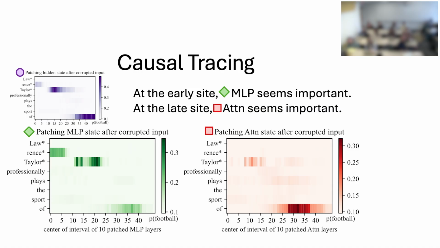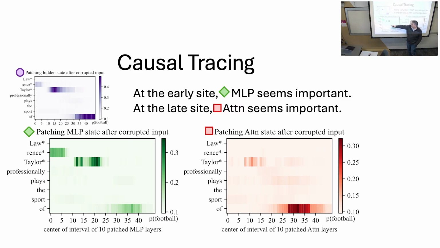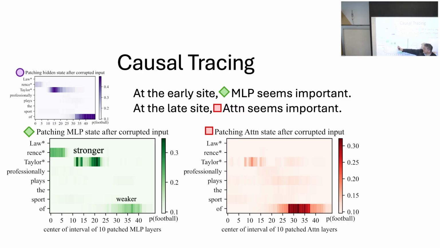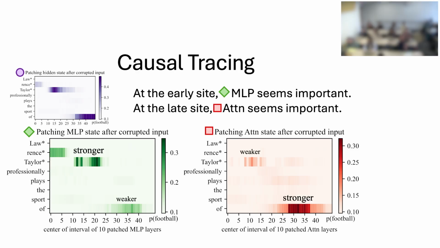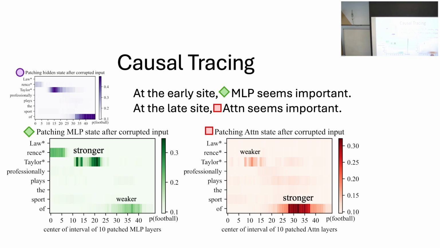If you patch over attention, which is another third of the attribution, it has different effects. And so what this is showing is that attention has a little bit of effect, MLP has a little bit of effect. But the MLP effect is much stronger over here, and the attention effect is weaker. And then the attention effect is really strong at the end, but the MLP effect is weaker.